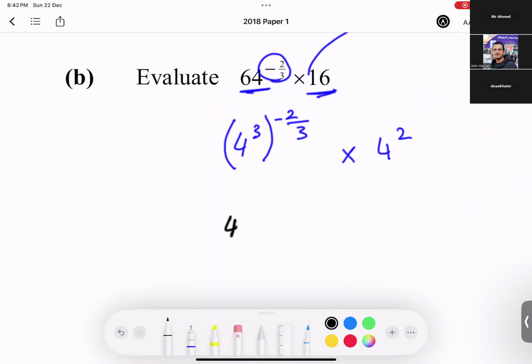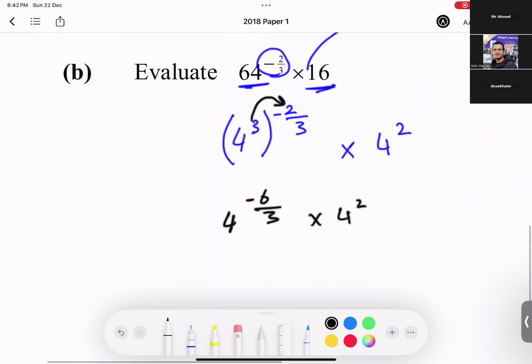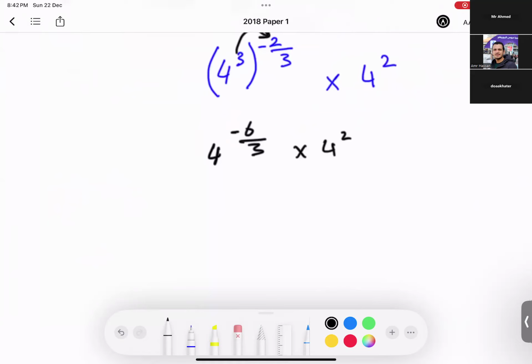Or you could write it again like 3 times 2, so it's going to be -6 over 3 multiplied by 4 to the power 2, right? Then -6 divided by 3, so this one's going to be 4 to the power of -2 multiplied by 4 to the power of 2.